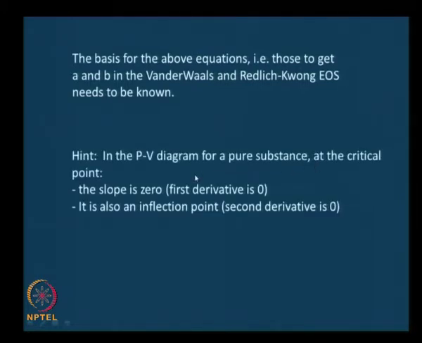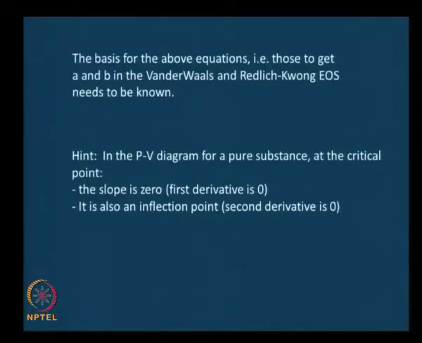Let me give you how to go about doing it and give you some time to do it. If you recall the PV diagram for a pure substance, pressure versus specific volume, at the critical point the slope is actually 0. What is slope?